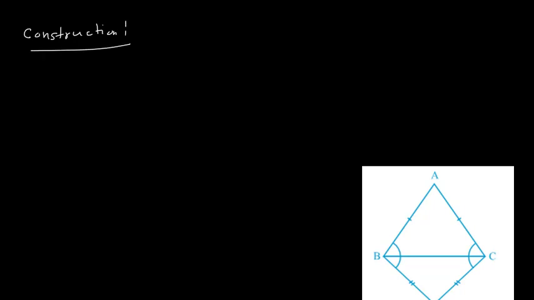So in construction what we do, we join this A and D. So let us join this AD. Now take two triangles. In triangle ABD and triangle ACD.